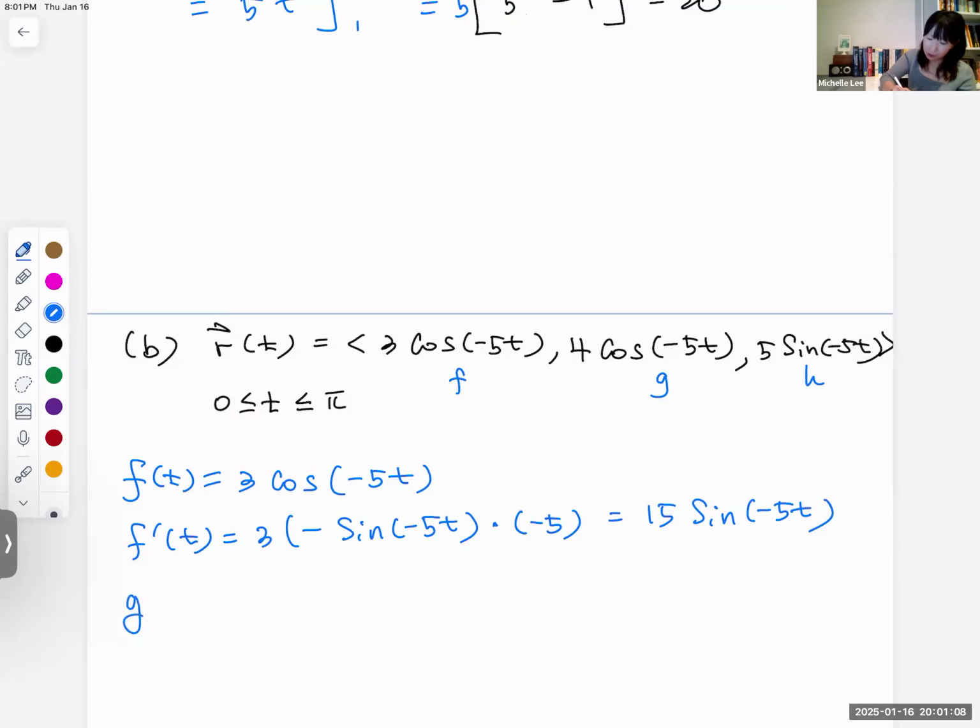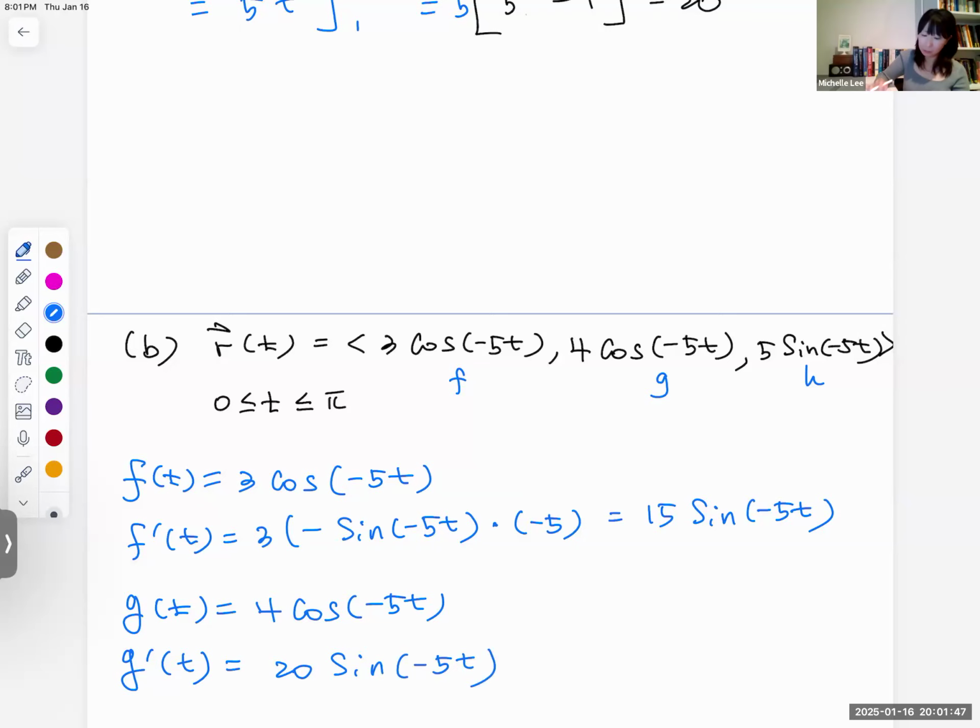How about g of t, which is 4 cosine negative 5t? g prime of t, same reason: 4 times negative 5 is negative 20, and with the negative sine it's positive, so we have positive 20 sine negative 5t.